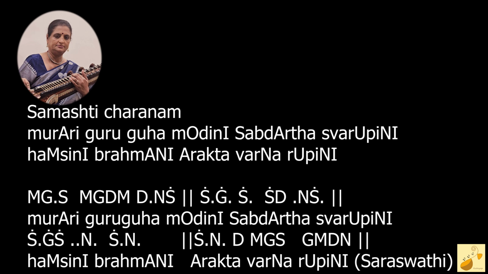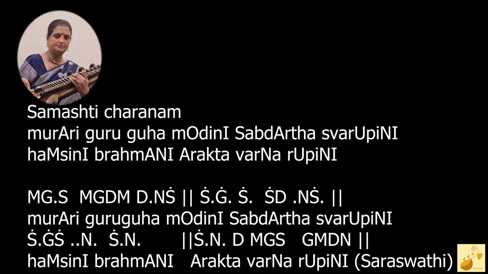Maga sa maga da ma da ni sa. Then Sabdhartha Swarupini. Sa ga sa. Sa, double strike, one strike for sa, one strike to go to ga, and then back to sa. Don't connect that sa which is coming in the return.